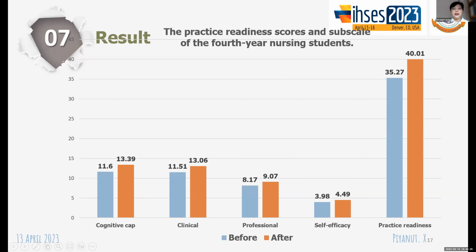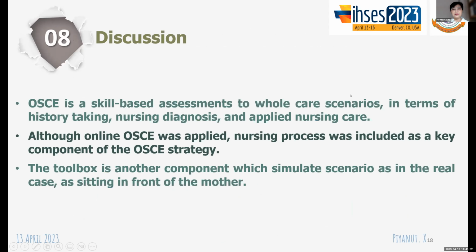And this is the practice readiness score before and after. We found that in every part, such as cognitive capability, clinical capability, professional capability, and the overall practice readiness score, the score after the test was higher than before, with significance.